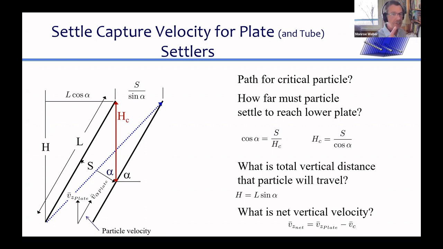So it's traveling a distance h at its net vertical velocity, and it's traveling a distance hc at its terminal velocity. And that's going to be our little trick that we're going to use to solve this.